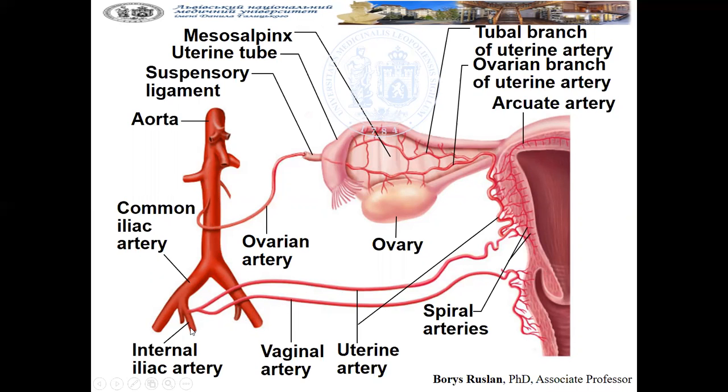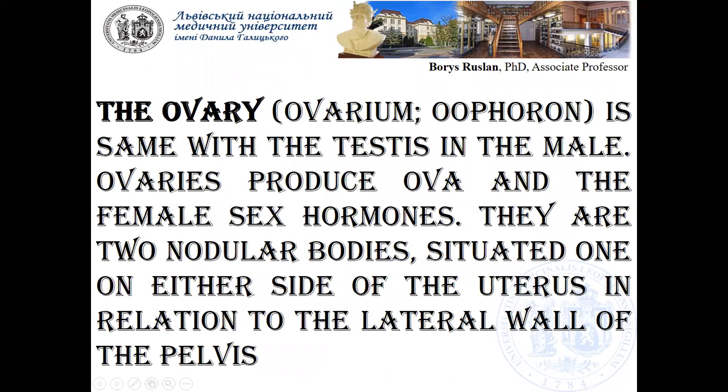The vaginal arteries get blood supply from another part of the arterial system, the internal iliac artery. For more details, you can watch my previous lecture about the arterial system of the body.